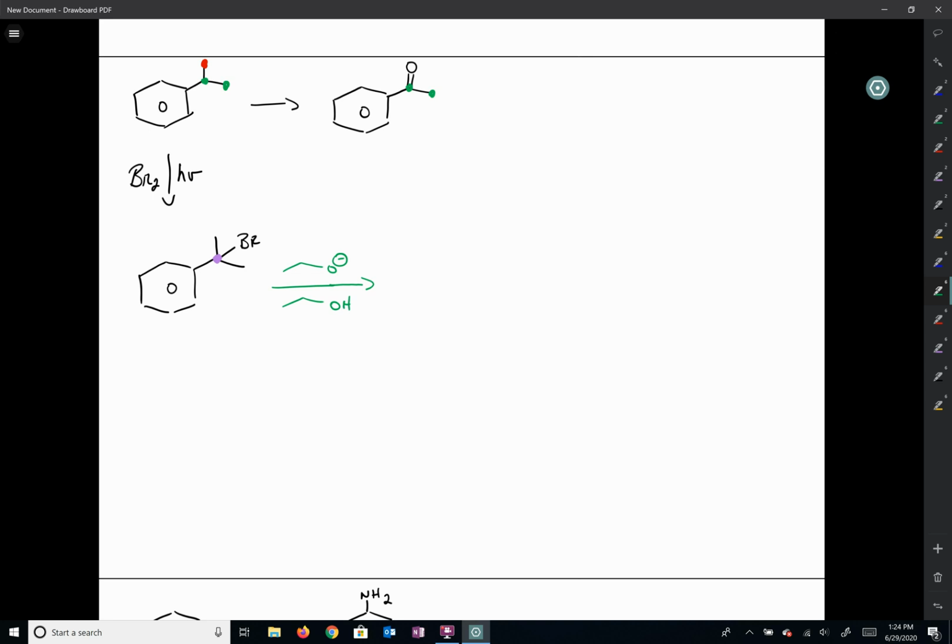Even though we can generate a stable carbocation because it is benzylic, remember that the rate determining step is always generating that radical, generating the carbocation. Even though we've got a tertiary halogen there, generating a tertiary carbocation is not easy to do, even if it is benzylic.